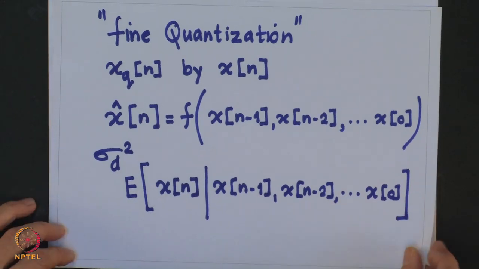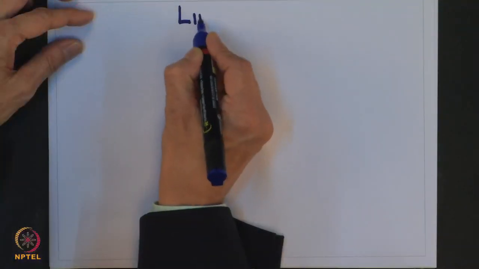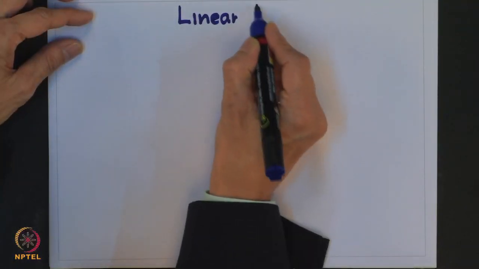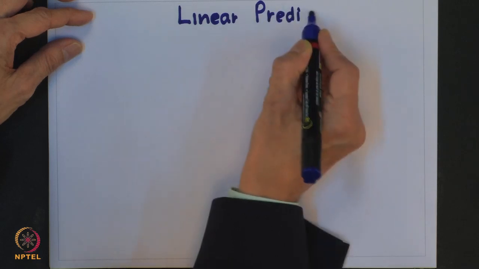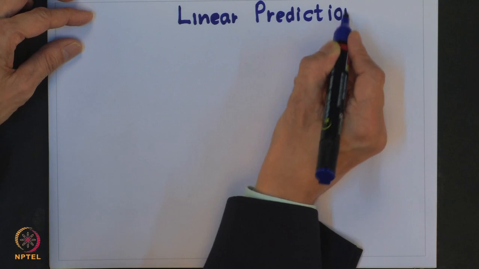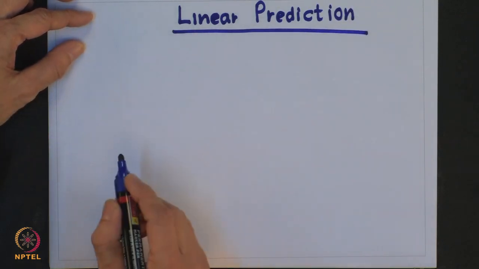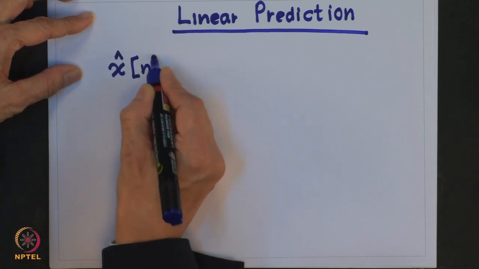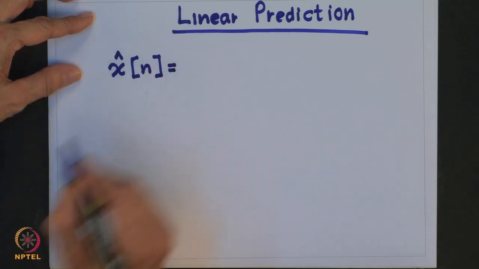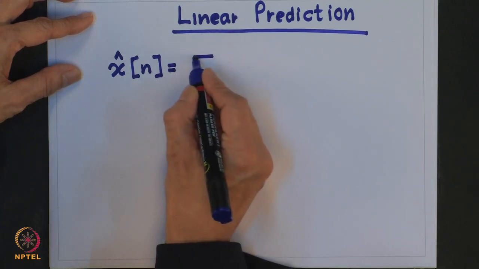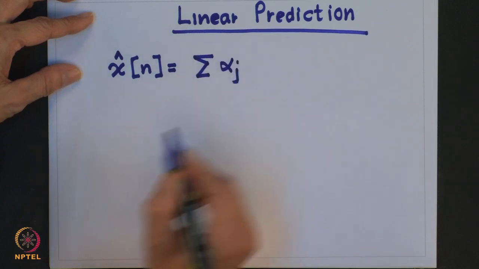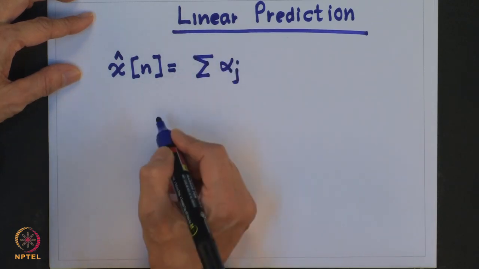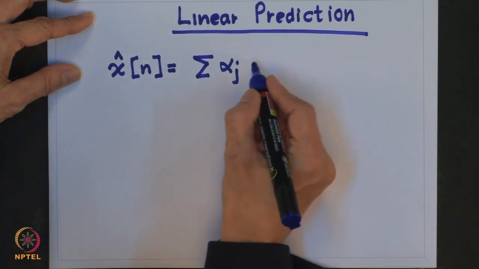So, we will simplify our predictor design by assuming that we are interested in what is known as linear prediction. In linear prediction, what we are supposed to do is find out those values of these weights called alpha j.